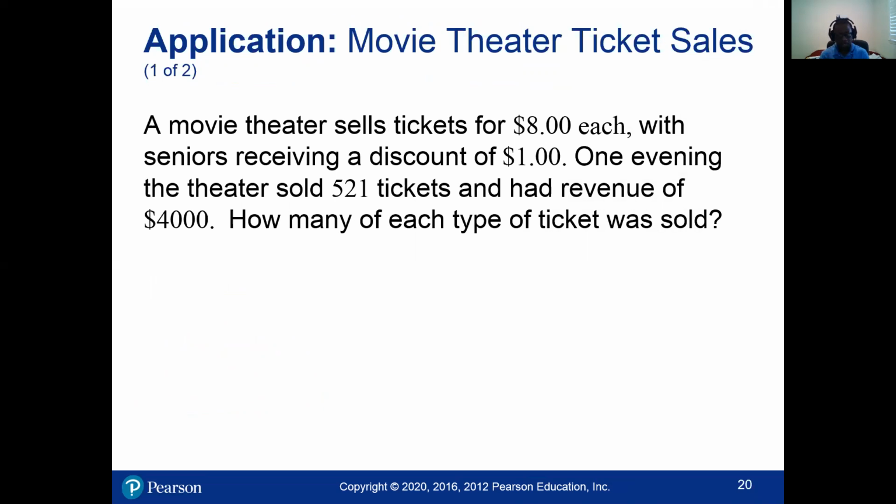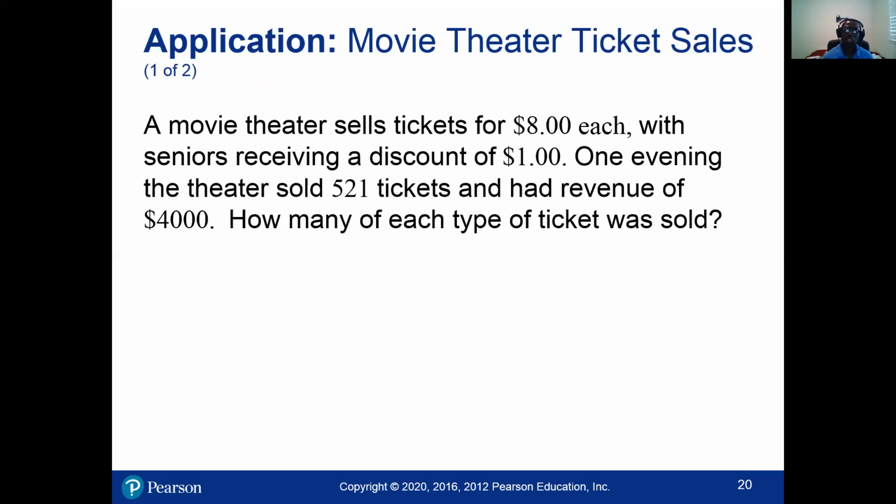But before that, let us look at an application. It says that a movie theater sells tickets for $8 each, with seniors receiving a discount of $1. So that means the seniors pay $7. One evening, the theater sold 521 tickets and had a revenue of $4,000.